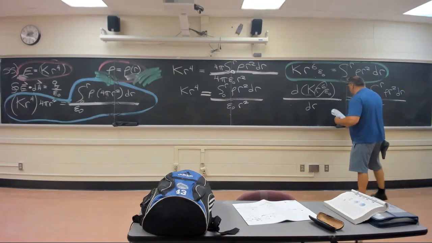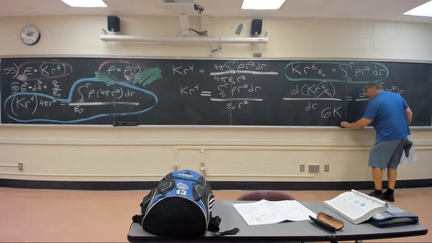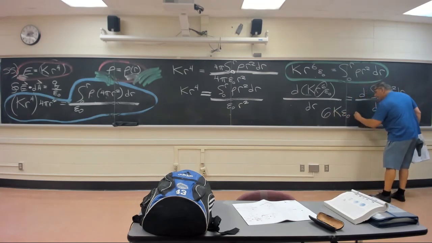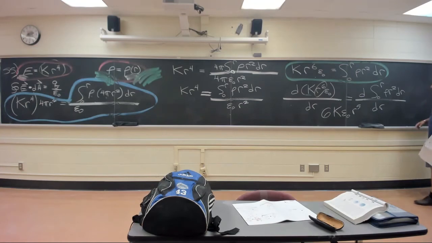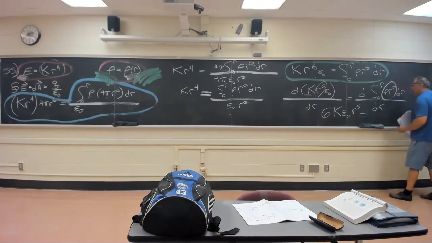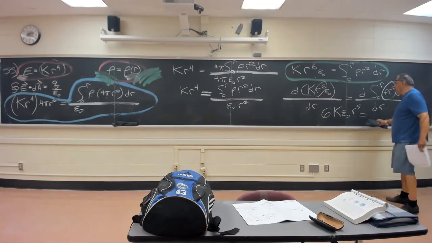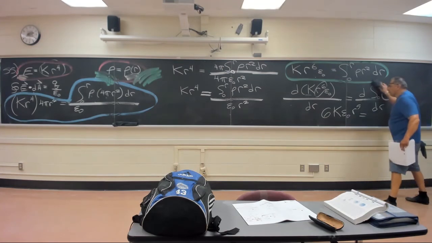So it's your choice how you want to write this: 6K epsilon naught r to the fifth. The derivative of this guy, the derivative of an integral is just the item that was being integrated written down. True. Rho r squared.